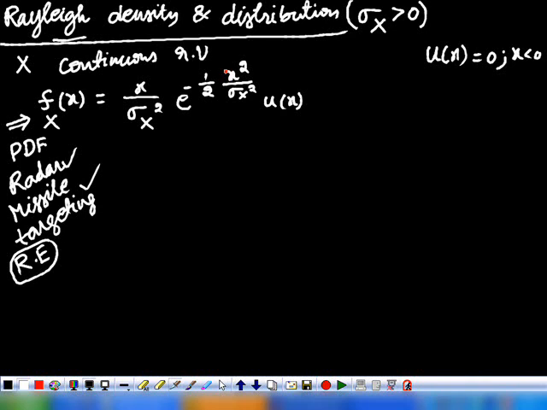While quantizing, we round the values to the nearest level. If you round the value to the nearest level, there is some error. That error is called the quantization error. That quantization error can be modeled as a uniformly distributed random variable.